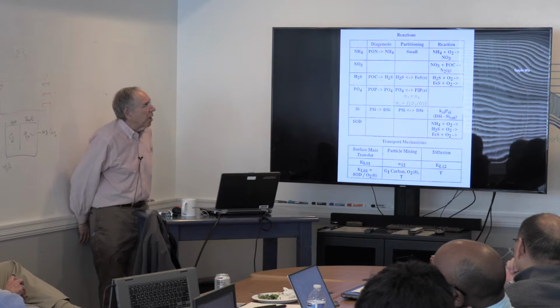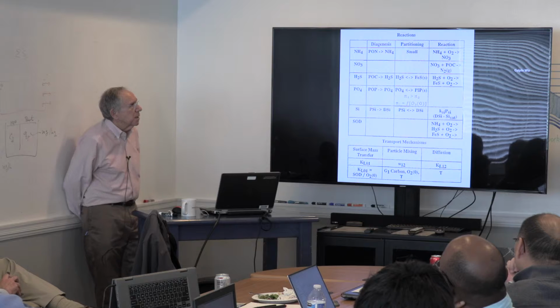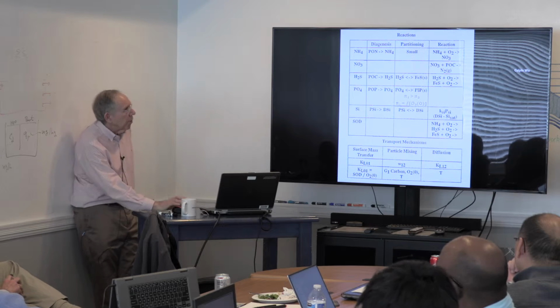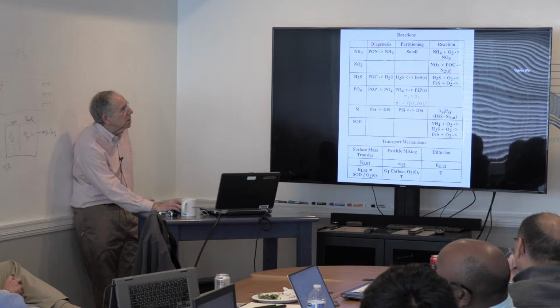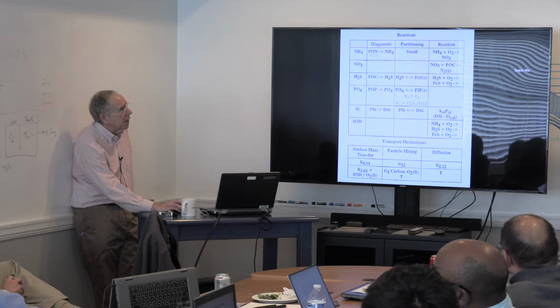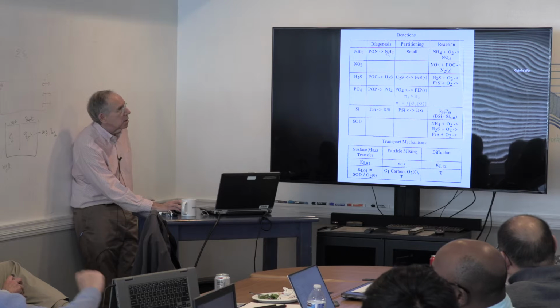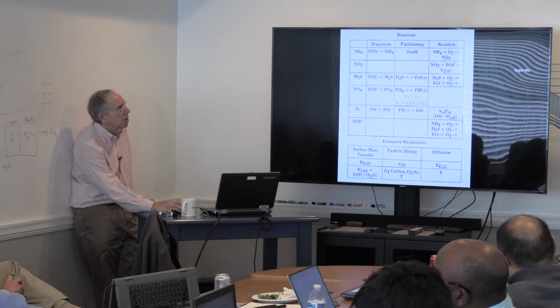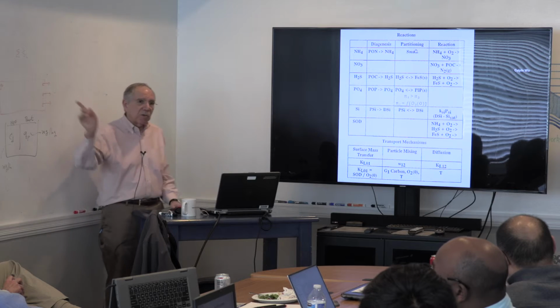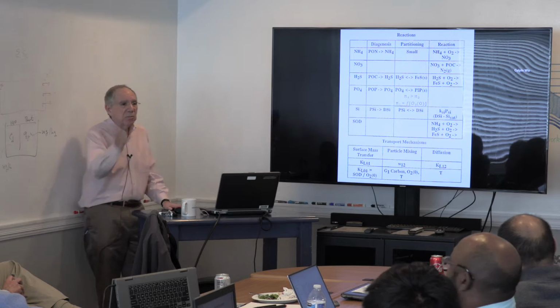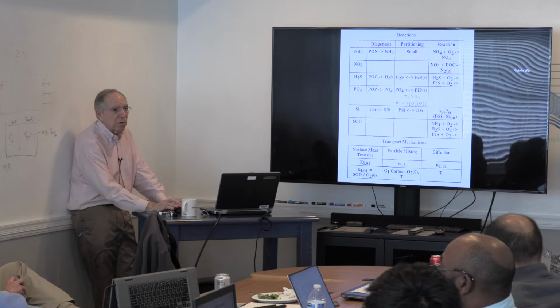So here's a summary of how the model is built. For ammonia, particulate organic nitrogen forms, it's converted to ammonia via the diagenesis reaction. The reaction is either nitrification or it escapes. Ammonia partitions, by the way, partition coefficient is 1. It's about as much ammonia on the solids as there is in the pore water.